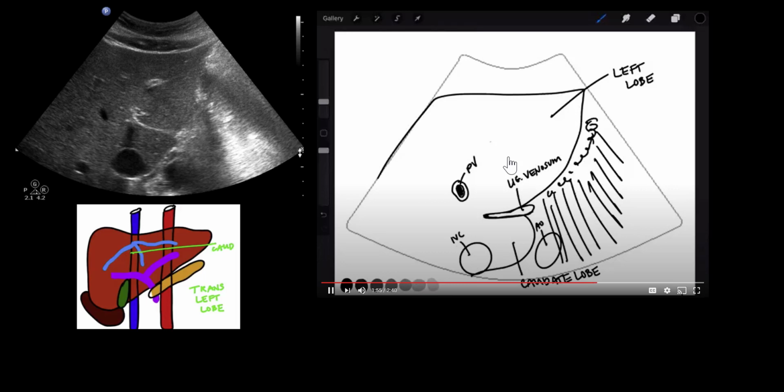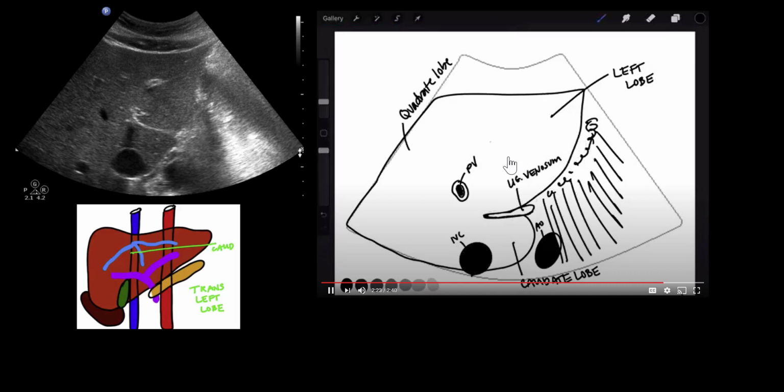Now when you are getting this picture, it will be important to again see all of the left lobe. The IVC, if you recall when we were going in our longitudinal planes, the IVC served as the last image of our left lobe before we get into the right lobe, or technically the quadrate lobe. We'll be imaging this portion of the liver in different slides as we move into the right lobe.